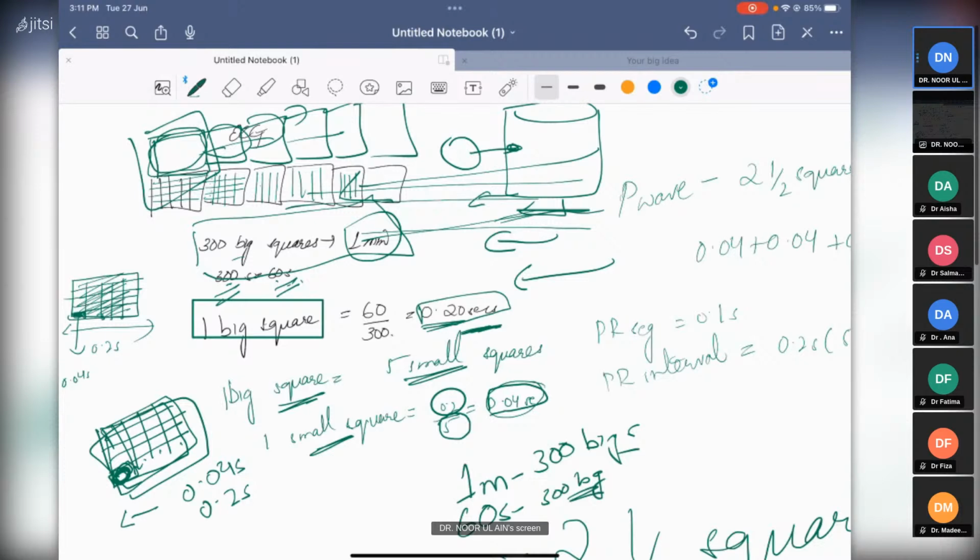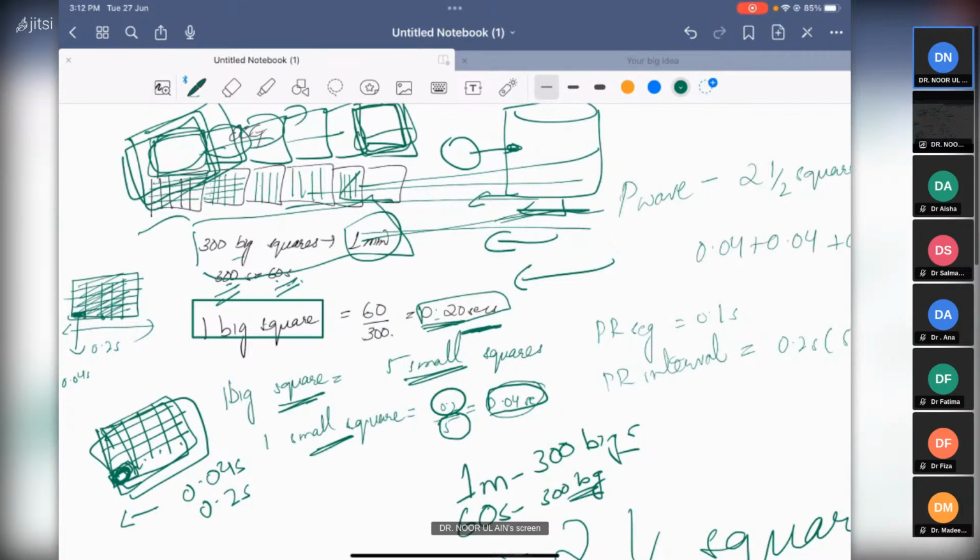If I want to identify how long one big square takes to move ahead, I will take 60 divided by 300, and I will get 0.2 seconds. So 0.2 seconds is the time that one big box takes to go ahead. One big box is equivalent to 0.2 seconds. This is what I'm trying to tell you.